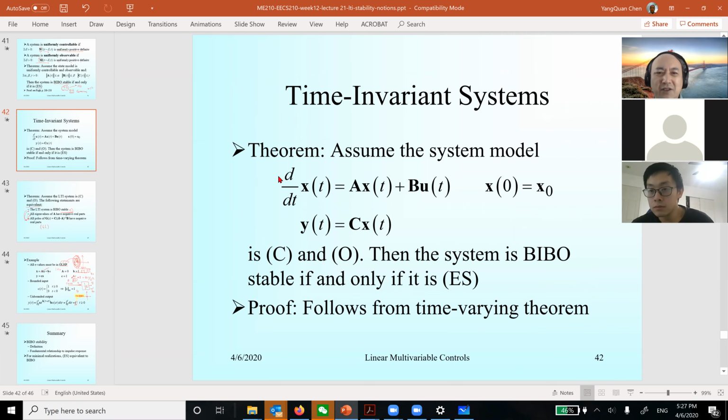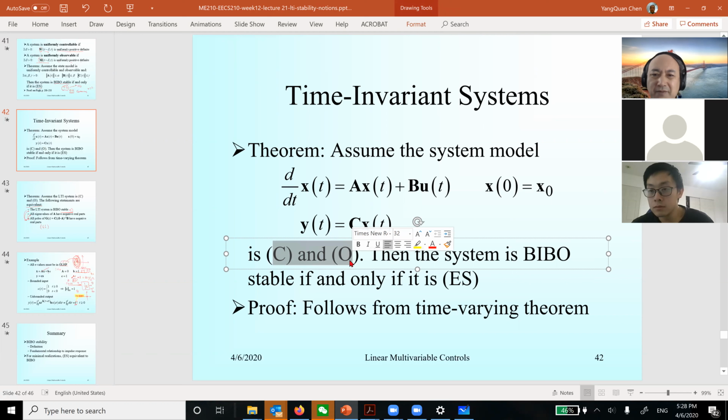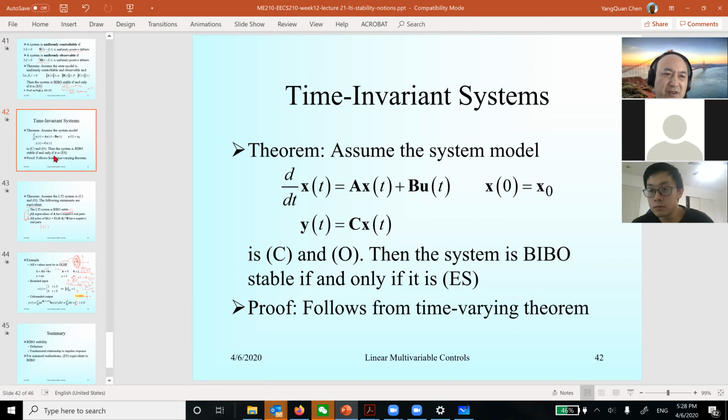First of all, if you want to make this time invariant system BIBO, you have to have a minimum realization, which is both controllable and observable. In this case, BIBO and exponential stability are equivalent. One implies the other. So this proof is the same as what we did in the time varying case.